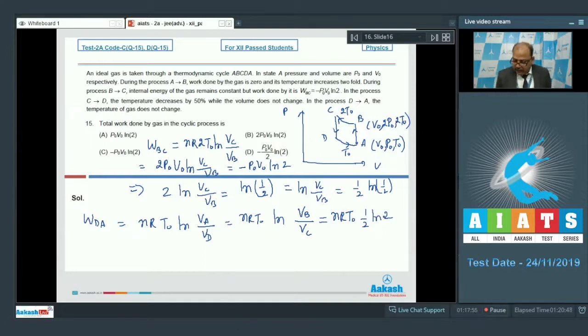Now nRT0 is P0 V0, so this is equal to P0 V0 by 2 ln 2.